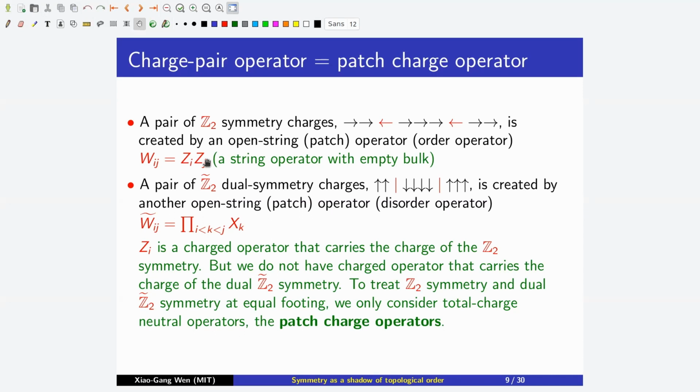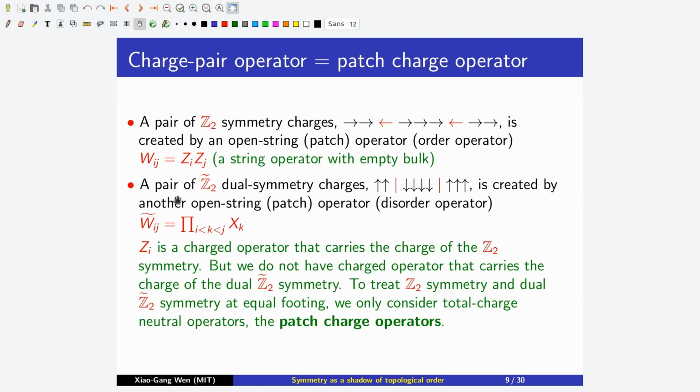Z changes left spin to right spin and creates this Z2 charge. Okay, so a pair of Zi, Zj creates a pair of left spins, so that's a Z2 charge. And we call this charge pair operator a patchy charge operator, because we view this as an open string operator with an empty box. Just the two ends are non-trivial, but the box is empty. We view this as an empty box open string operator.